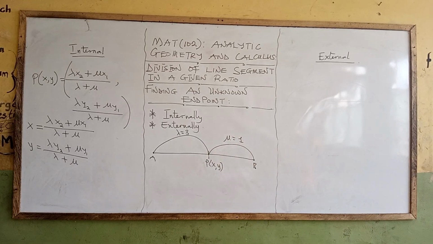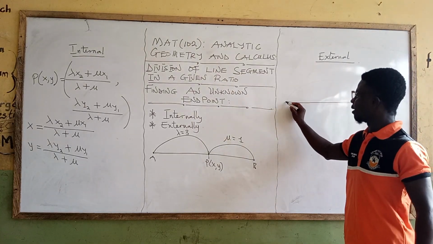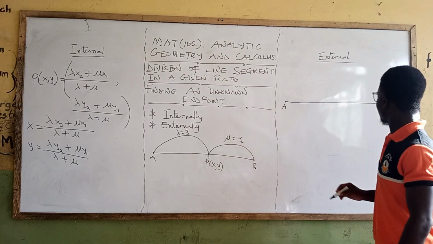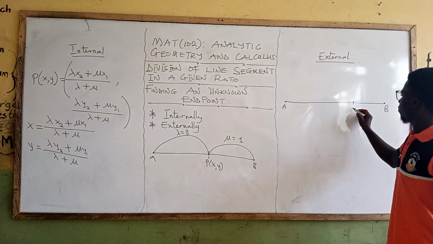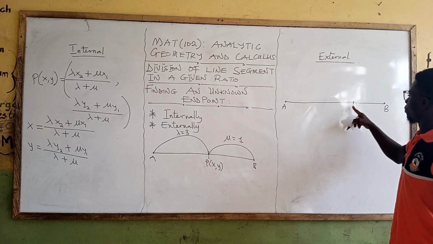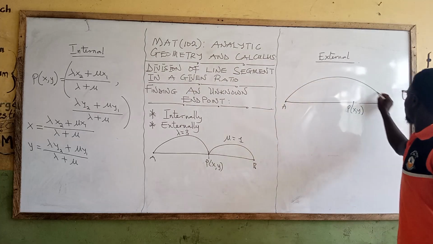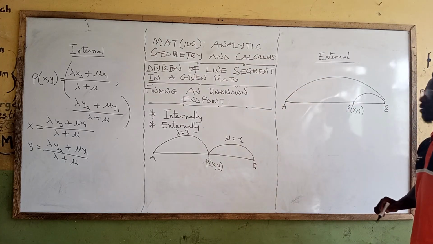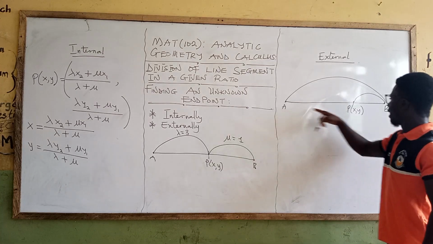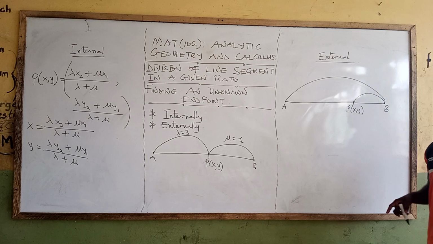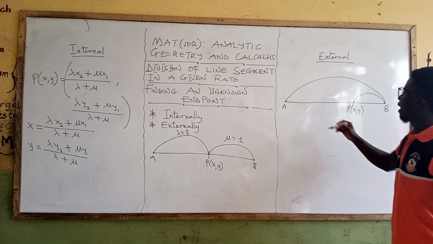I said we have a line, which means this is line segment AP, and this point B is dividing it externally.